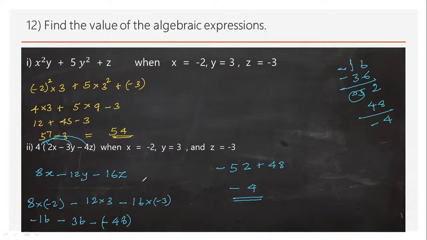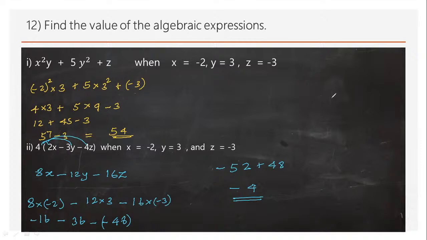Shall I explain without removing the brackets also? You can do this. So if it is easy for you, you can do like that. Then I will explain that way also. Is it okay, right?